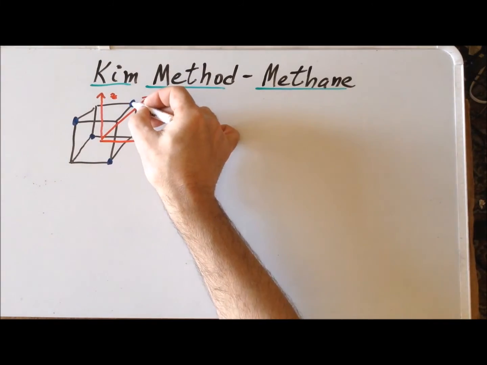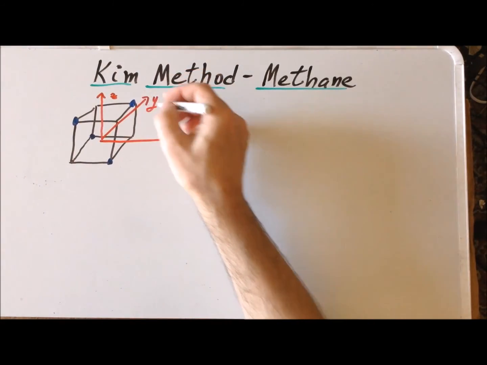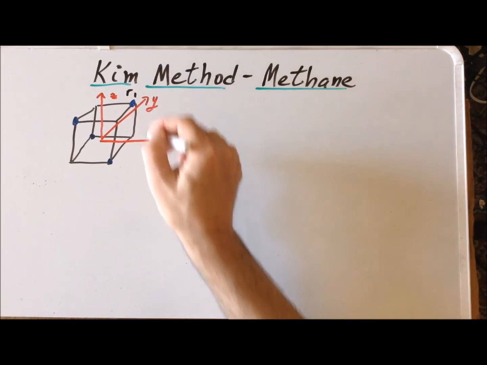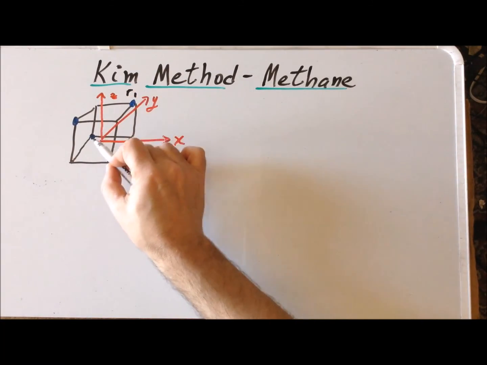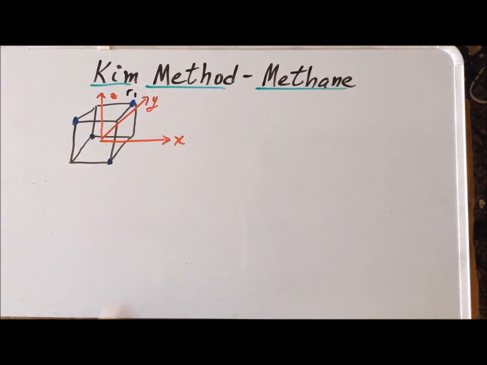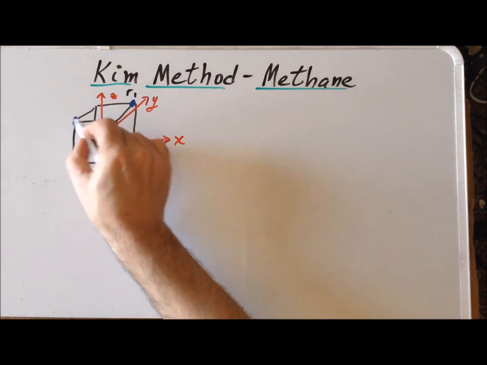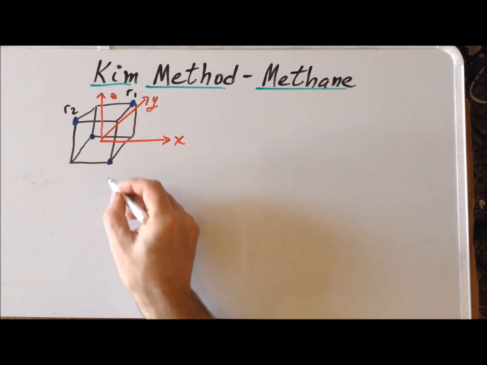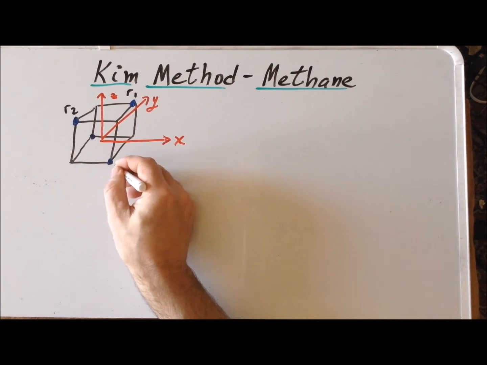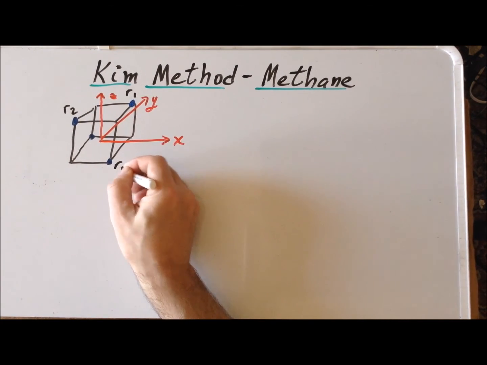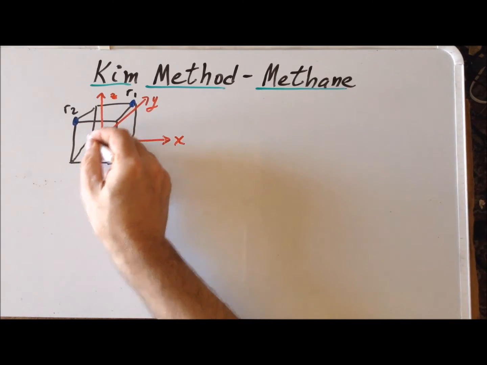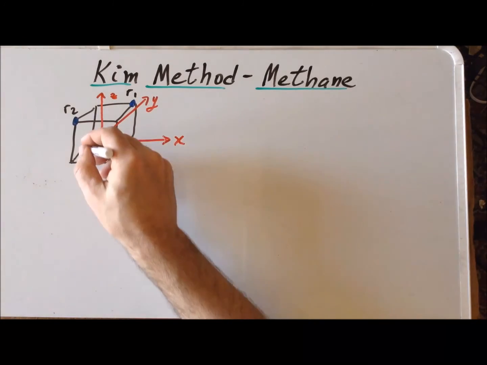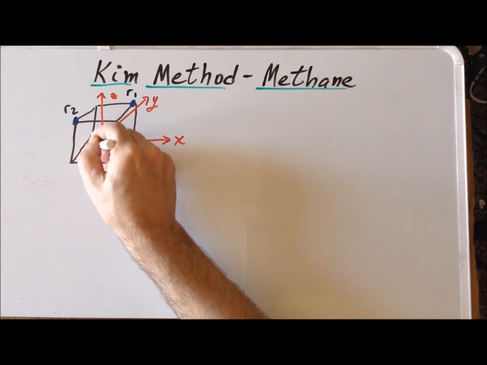So we can label this particular hydrogen as R1 as a shorthand for the vector going from carbon to hydrogen, calling that R1. For the second hydrogen atom, we will call that R2. The hydrogen atom at the bottom here we'll call R3. And last but not least, the final hydrogen atom we'll refer to as R4.